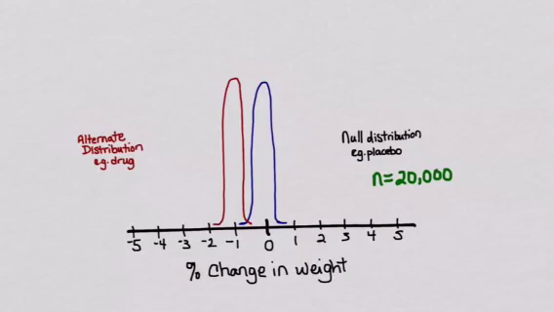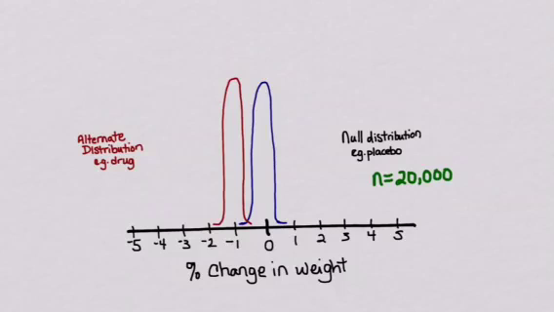And so therefore the difference between the drug and the placebo is the same, right? The effect size is still 1% change. But in this case, the distributions are so narrow that we are very, very likely to reject the null hypothesis, right? Because very little of the alternate distribution is overlapping with the null distribution.